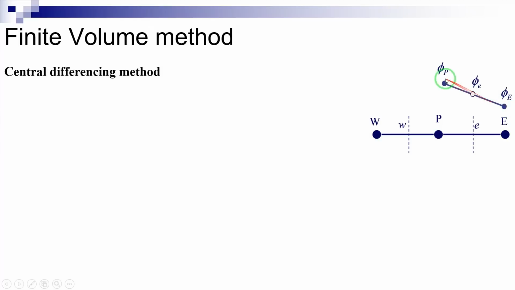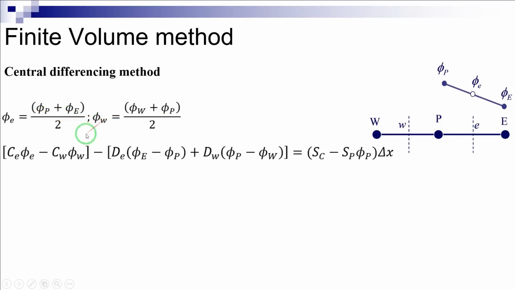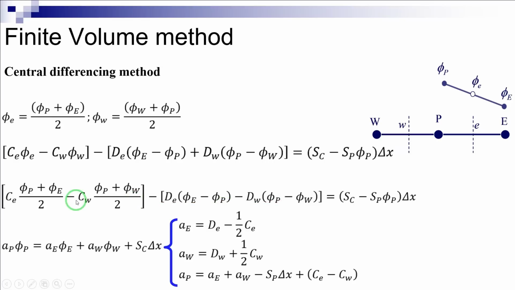Therefore, based on this figure, the values of phi at the control volume surfaces E and W can be estimated as shown here. Substituting this equation into this equation, which is the discretized transport equation obtained earlier, yields this equation. This equation can be written as follows in the standard form.